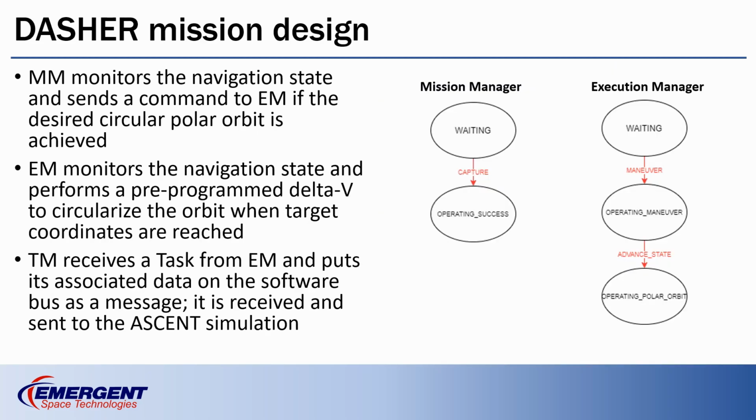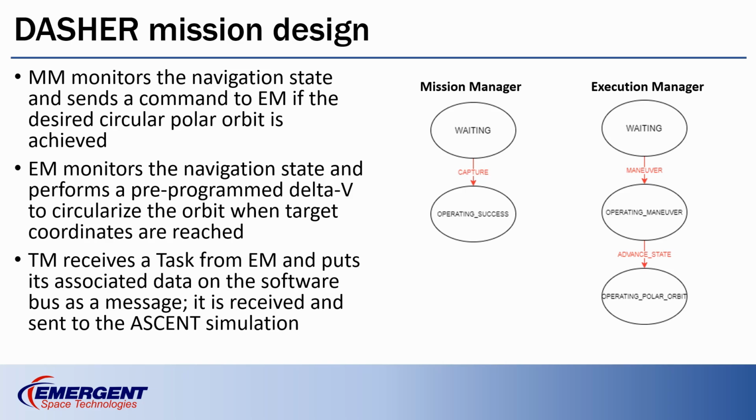The design for this mission is quite simple. Mission Manager is going to monitor navigation telemetry. If it detects that the vehicle has reached the target circular orbit, it's going to send a command to Execution Manager. That command will cause Execution Manager to enter some generic operating state that's associated with the polar orbit.